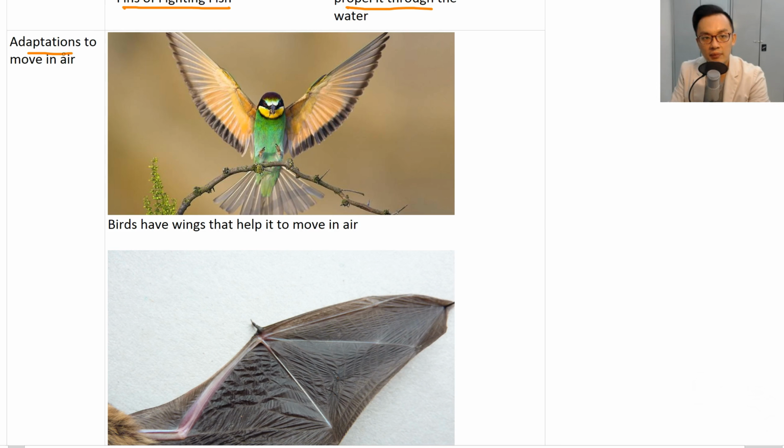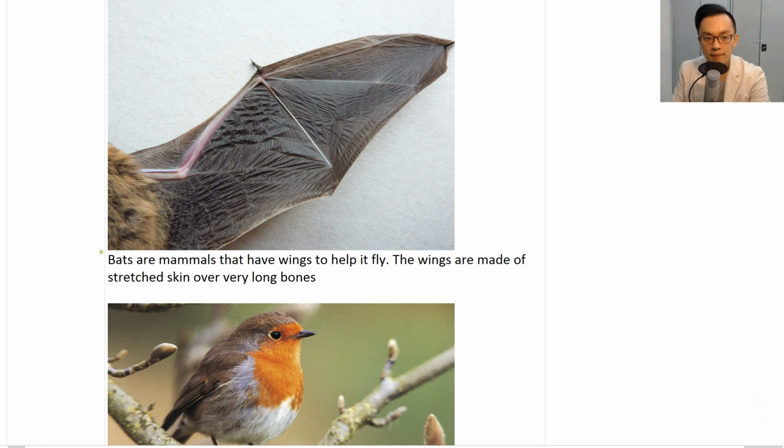So another one, adaptations to help animals move in the air. So birds have wings, so these are wings that they can flap and help them to move in the air. So bats are quite interesting. They are actually mammals that have wings to help them fly. Alright, the wings are not made of feathers, but instead it's stretched skin over very long bones. So if you look at this, this is a bone.